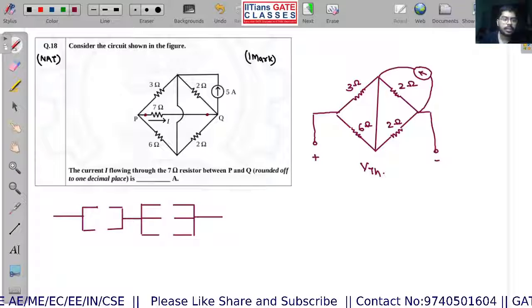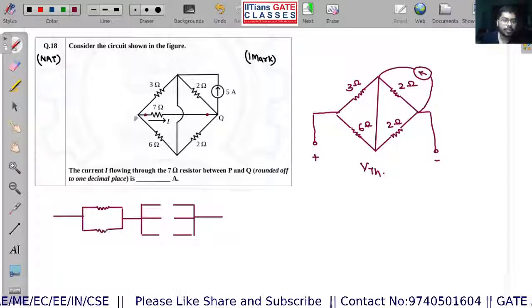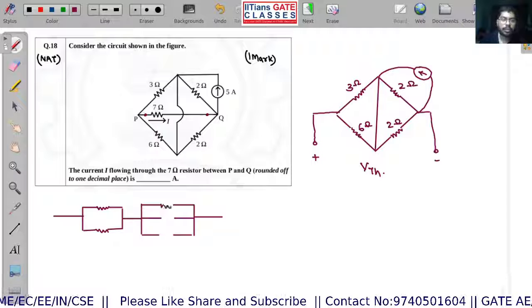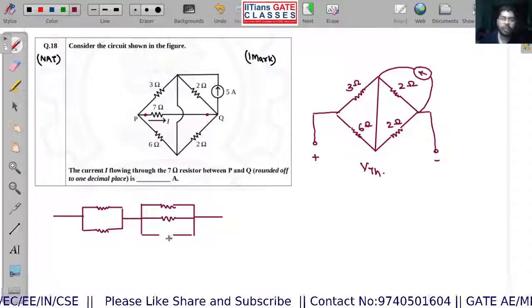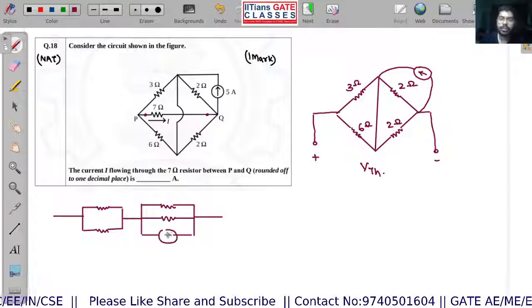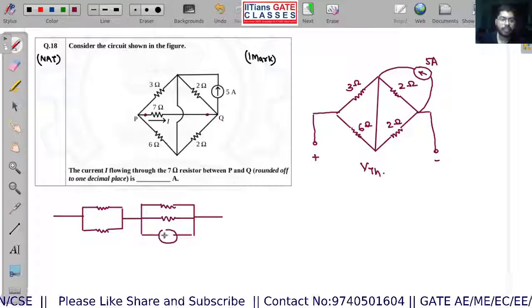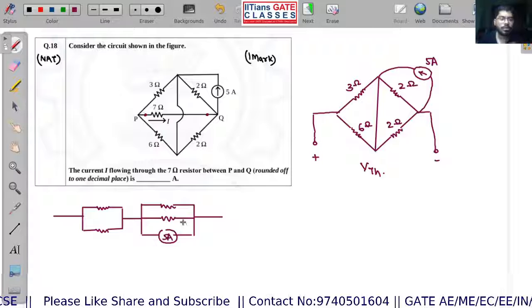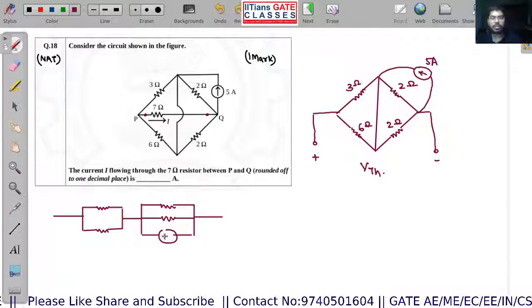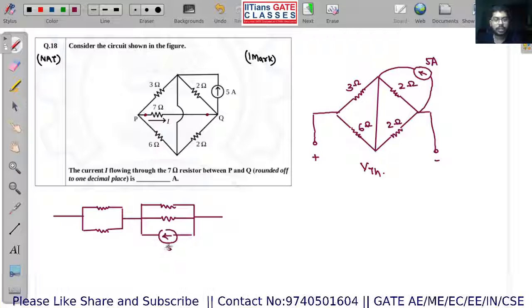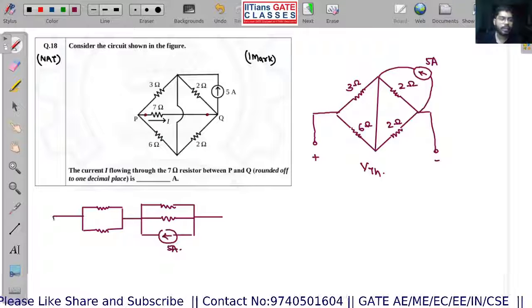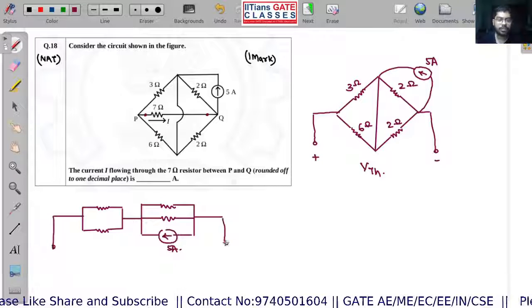So this is 3 ohm, this is 6 ohm, this is 2 ohm, 2 ohm in parallel with this 5 ampere. The direction is this 5 ampere. Fine. And this is my VTH.